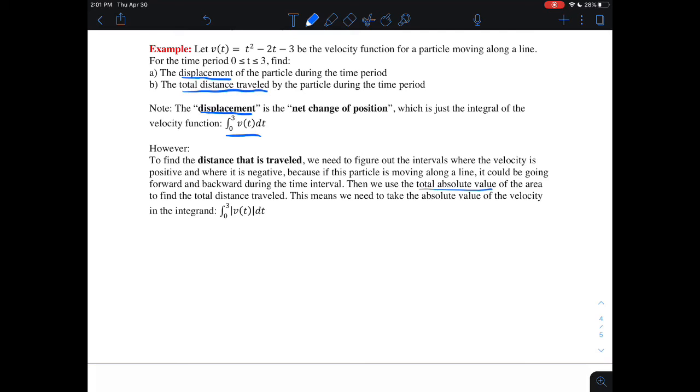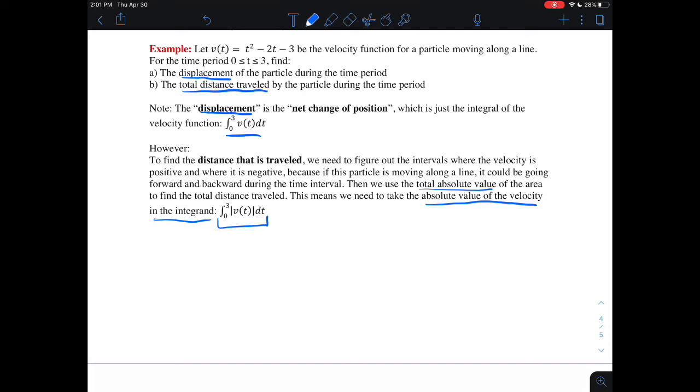So we need to take the absolute value of those areas so that they are all positive, and then we can add them up to get a total absolute value of the area. So this means we need to take the absolute value of the velocity function in the integrand. So in this case, distance traveled is the same integral from 0 to 3, but now it is of the absolute value of v of t. So when we get to part B, we'll take a look at that.